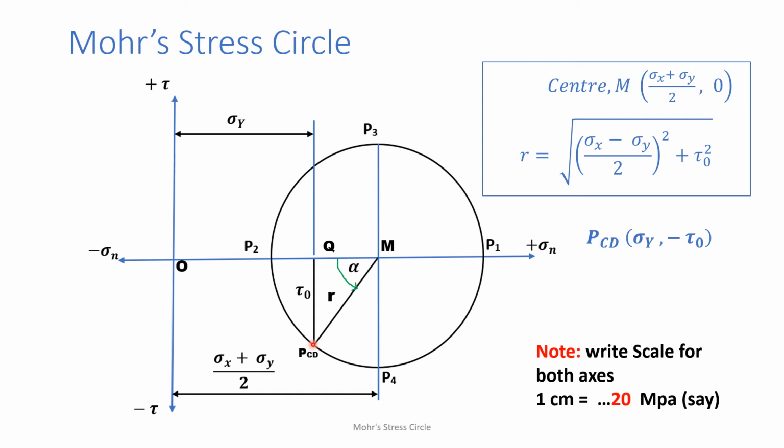Now the PCD coordinates are: the sigma n value is sigma y, and the shear stress value is this tau naught taken downwards because it is negative. So its coordinates are sigma y, minus tau naught. In this way we have constructed a Mohr's stress circle, and it is helpful to us in finding the different stresses graphically.